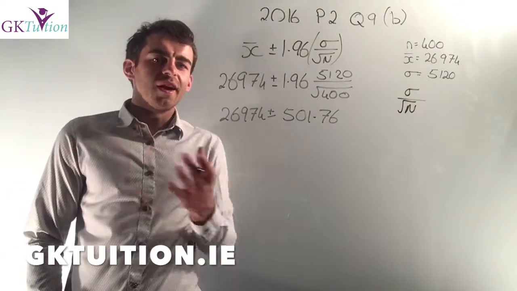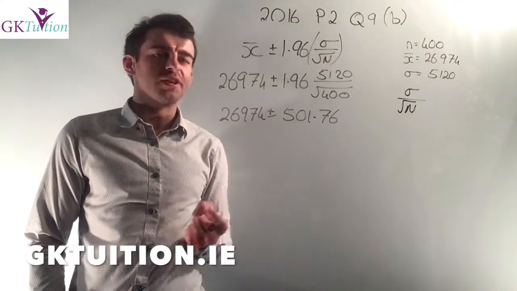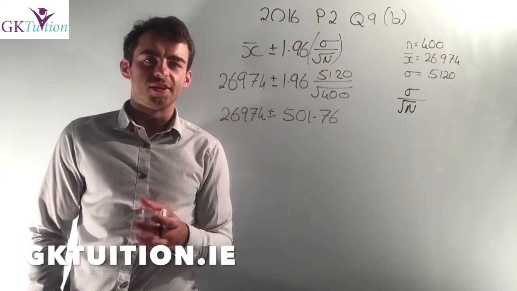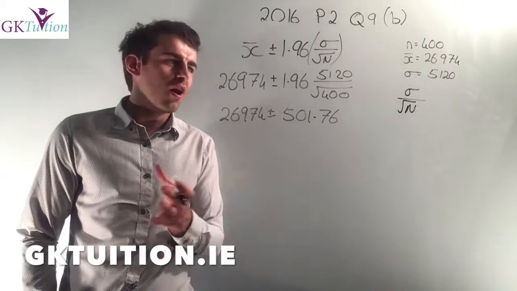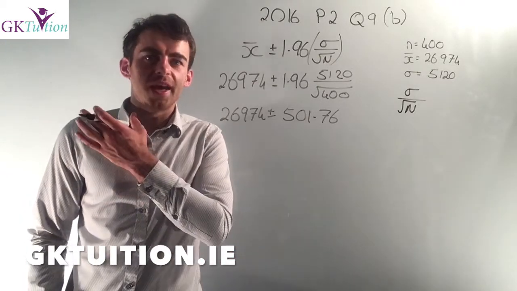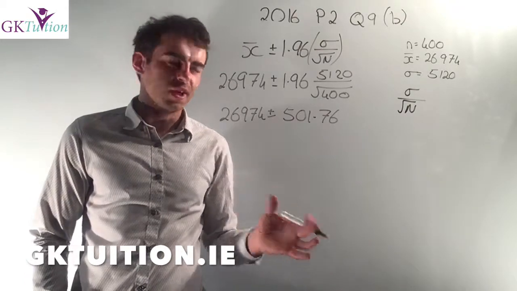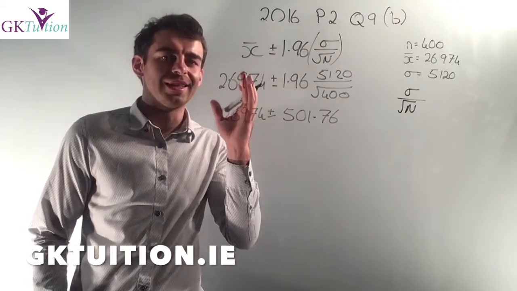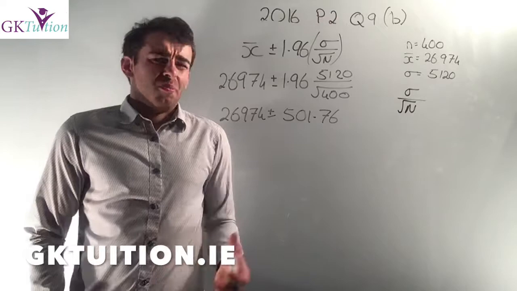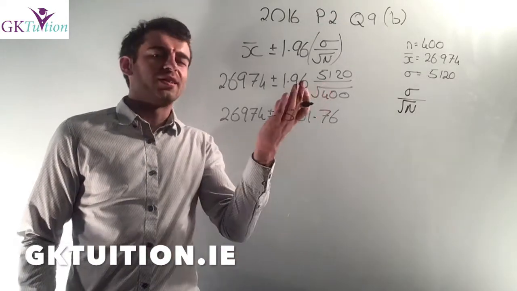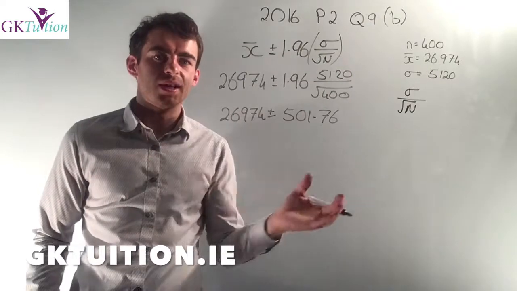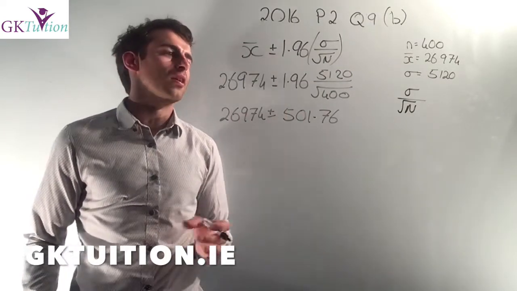Now, in an ideal world, if this research institute wanted to figure out the average salary of farmers in the country, ideally they would survey every single farmer in the country and they'd get the exact mean. But obviously, maybe there's 1 million farmers in this country, so it's impractical to survey 1 million people and get their average salary.